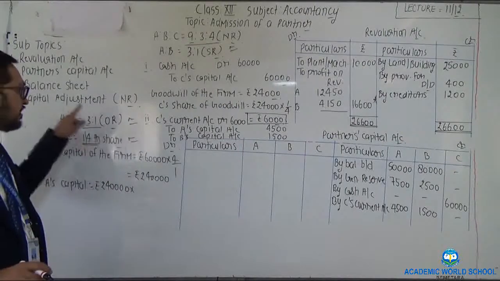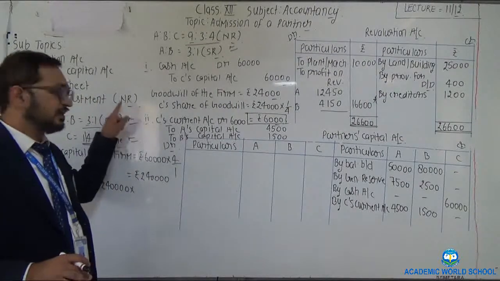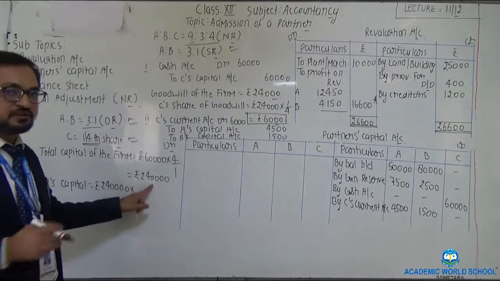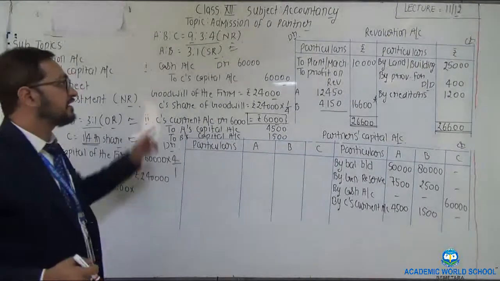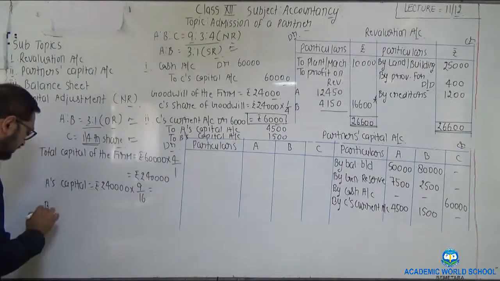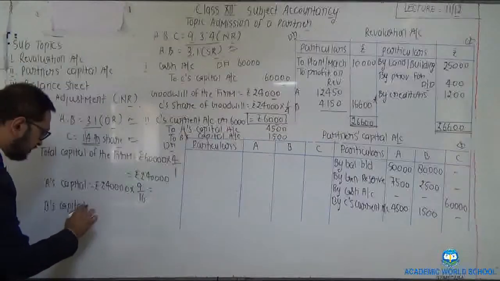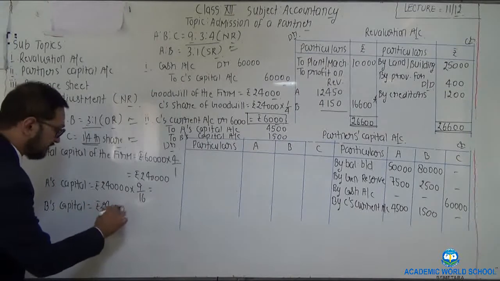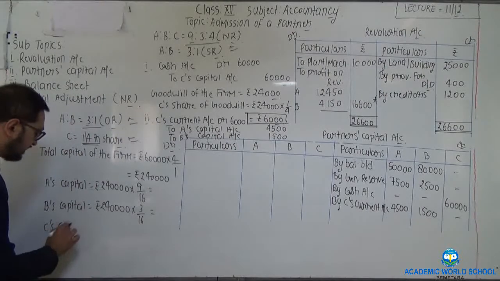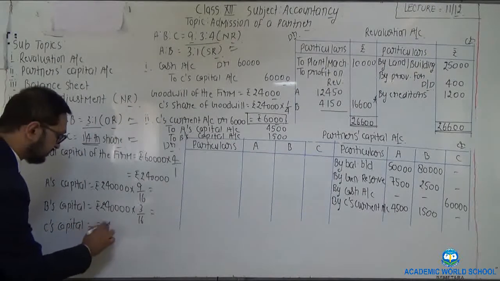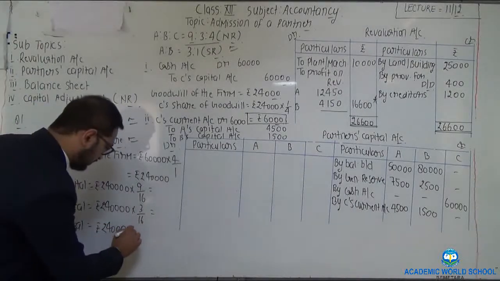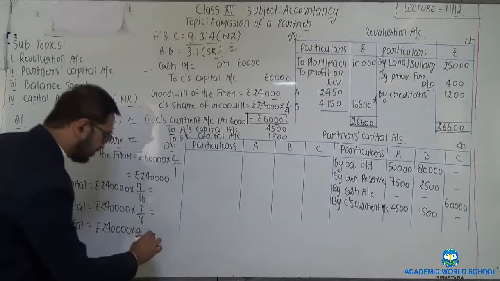So after getting the total capital of the firm, that is 2,40,000 in this case, multiply that by the new ratio, that is 9/16. B's capital would be equal to 2,40,000 into 3/16. C's capital is given in the question itself, so you can either calculate it or not show it in the working note, it's your choice.